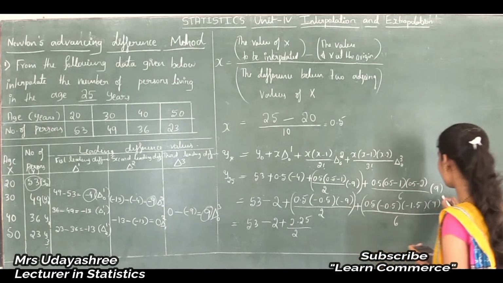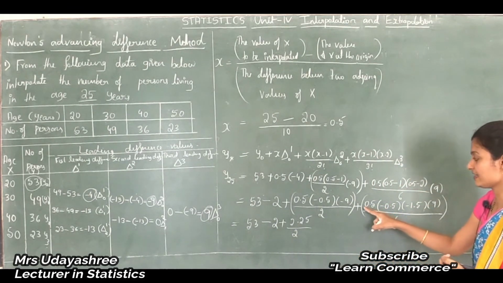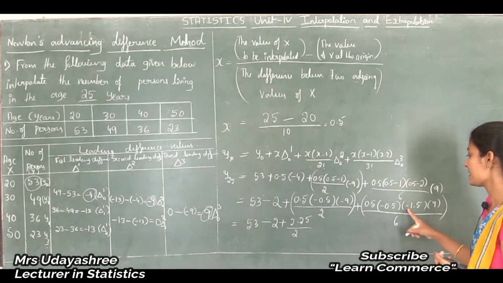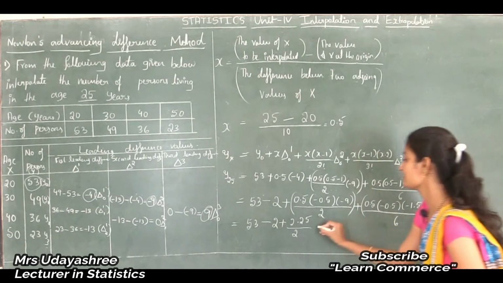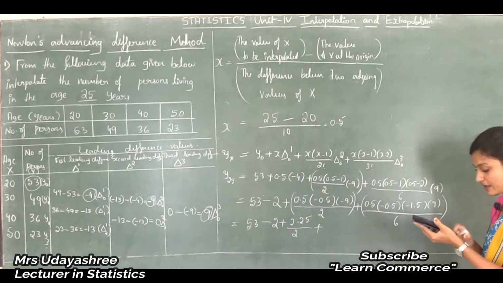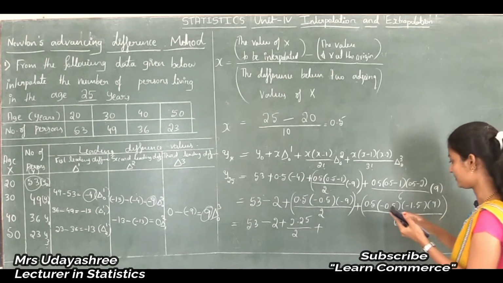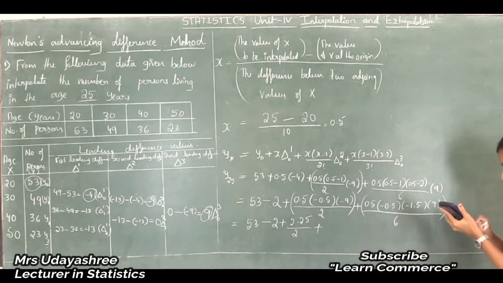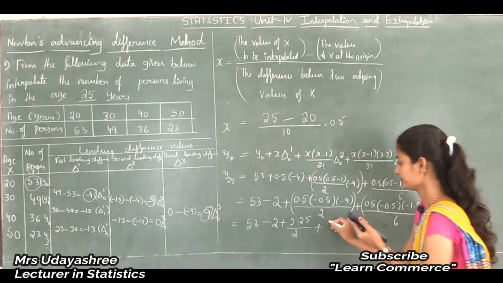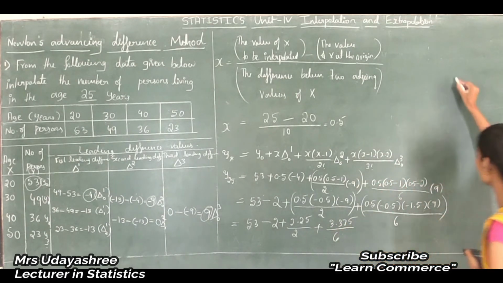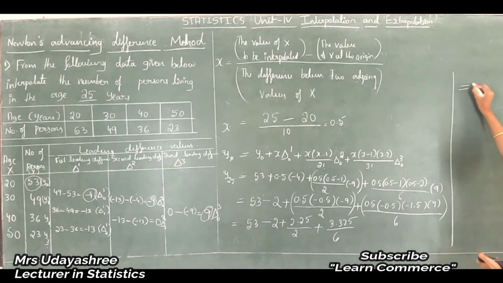Next, this is one term; see the signs: plus into minus is minus, minus into minus is plus, so plus into plus is plus only. So 0.5 into 0.5 is 0.25, into 1.5 into 9 is 3.375, divided by 6.